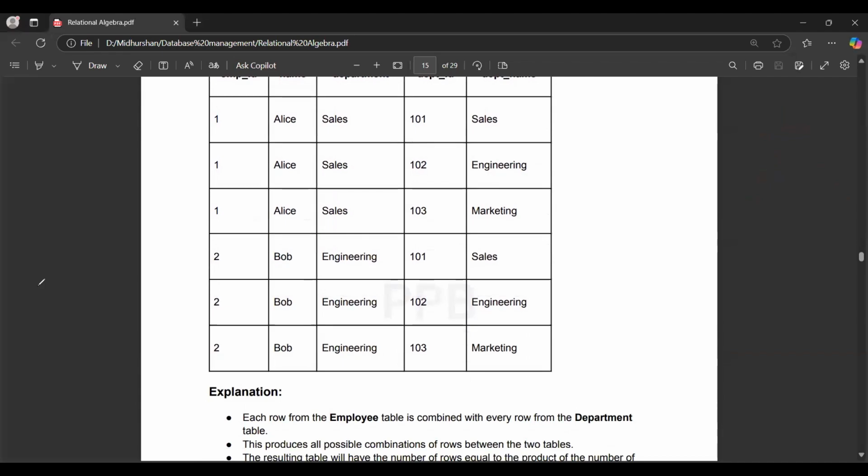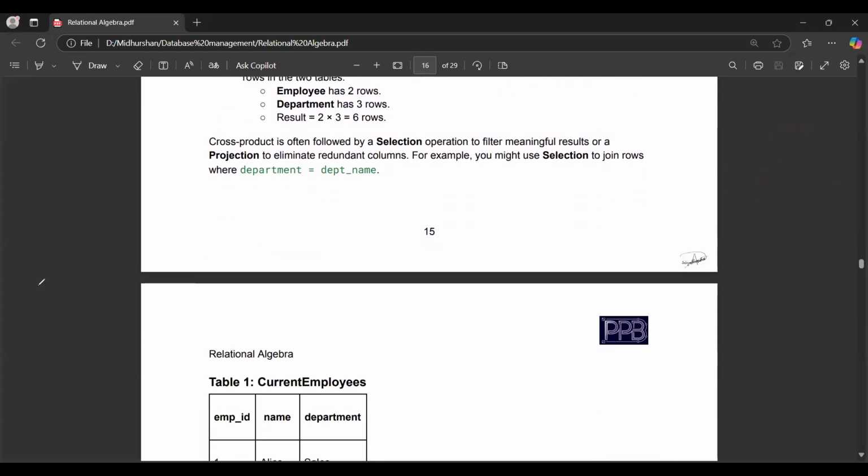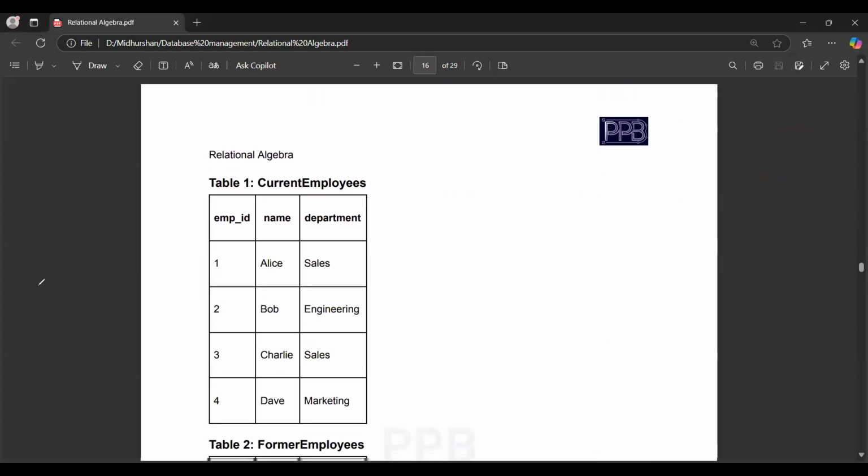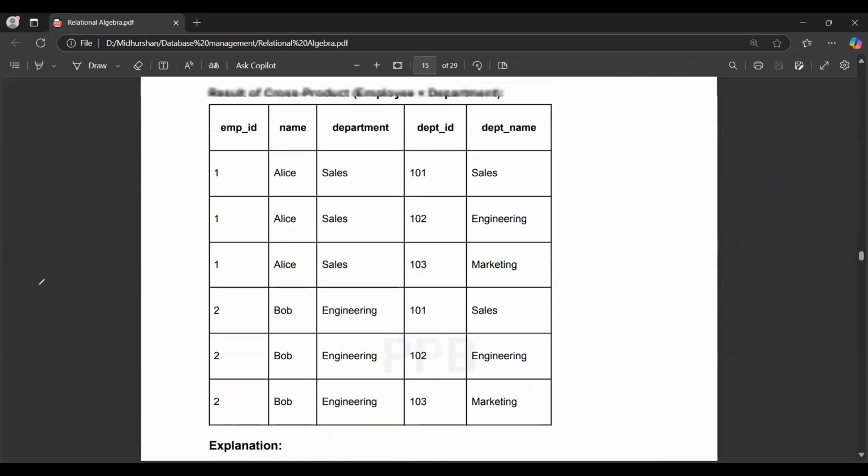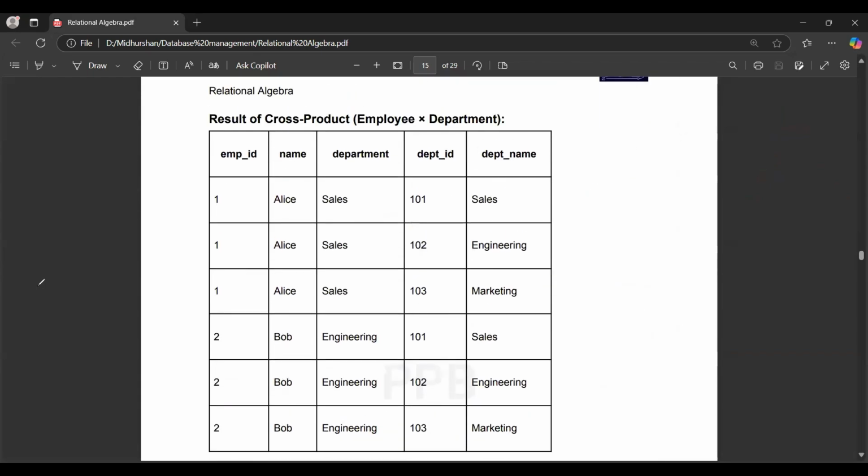But there is a small issue. What happens if you have the same column name? You have to think about that.